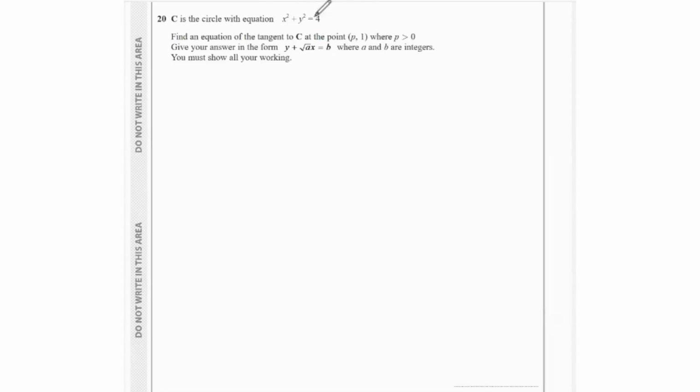Firstly, if the equation of the circle is x squared plus y squared equals 4, that means the center of the circle is your origin, which is 0, 0, and the radius is 2, because 2 squared is 4.